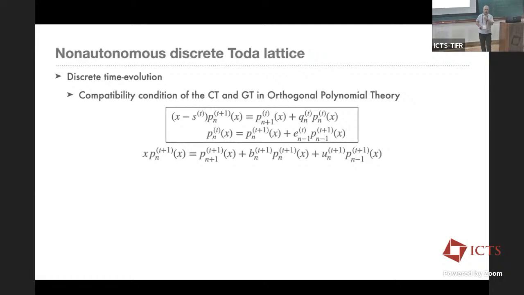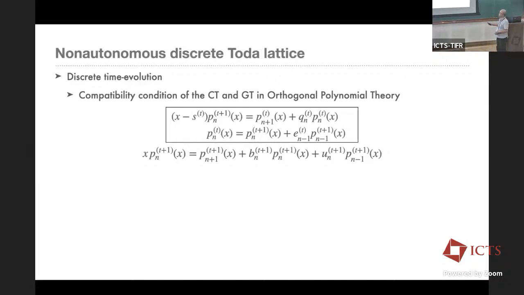We also already had an introduction of how the non-autonomous discrete Toda equation appears from the theory of orthogonal polynomial systems, actually yesterday. But here, we start from a spectral transformation for the orthogonal polynomial system. The first relation is the so-called Christoffel transformation, and the second relation is the Geronimus transformation in my talk.